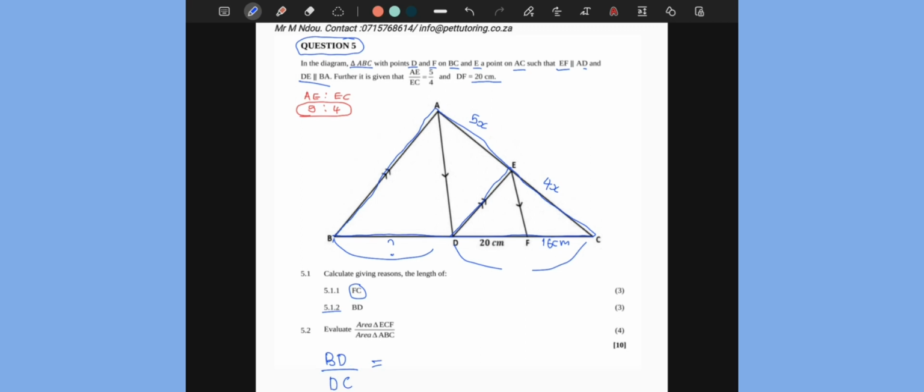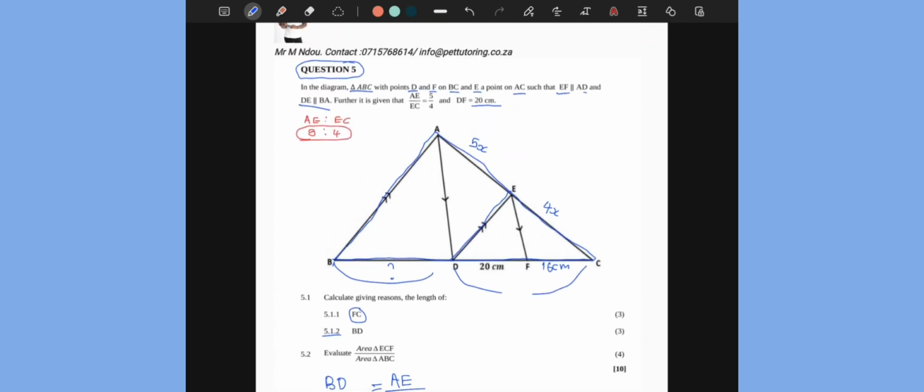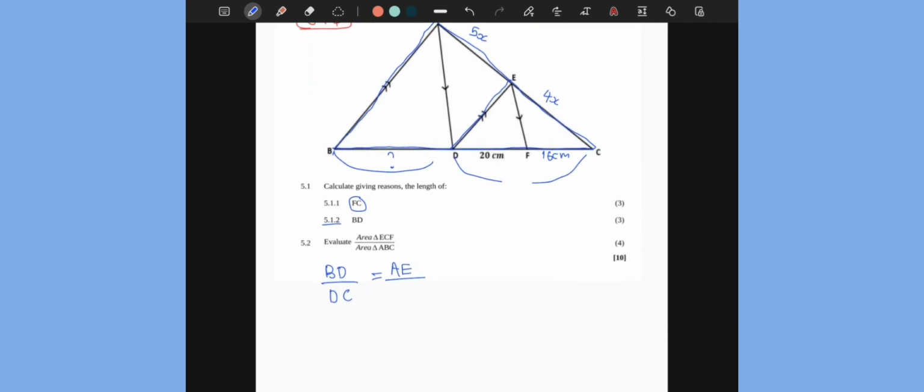So BD is the same as AE, so I'm going to equate it with AE divided by EC. Same reason, do not forget to write the reason for this. Same reason, this is the prop theorem.